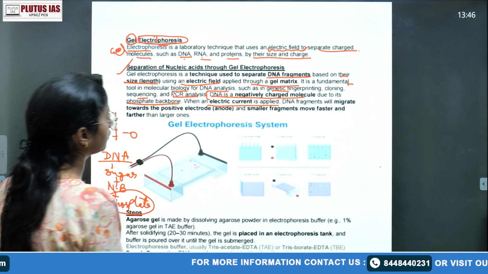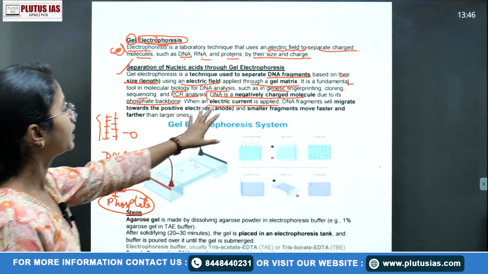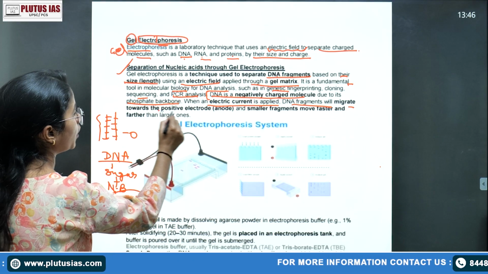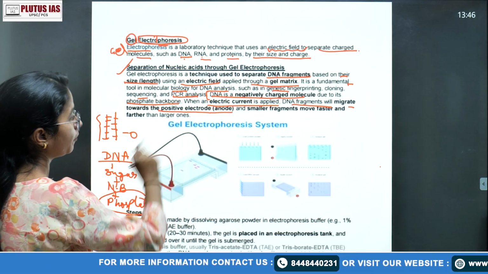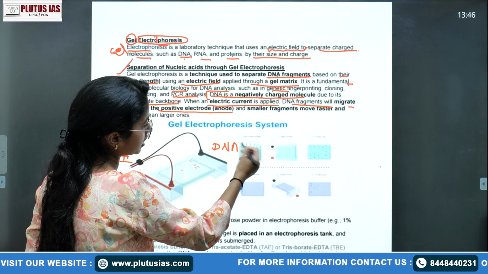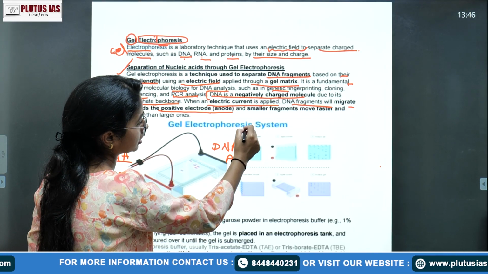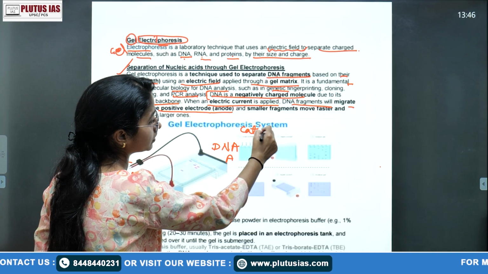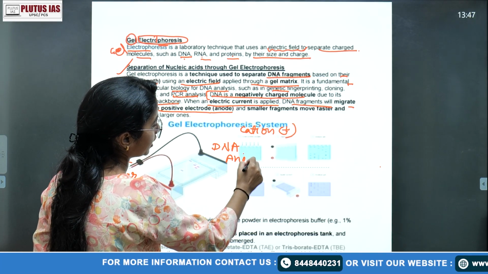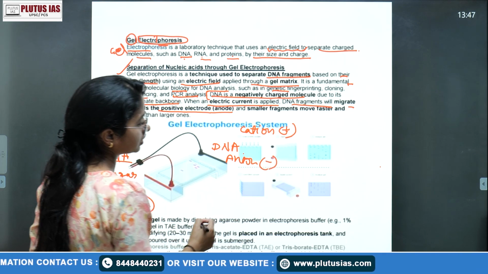Okay, so here again we'll talk about DNA fragments. When an electric field is applied, DNA fragments will migrate toward the positive electrode, because DNA is negatively charged, so it is an anion. I just said cation. Okay, there's a difference between the cathode and cation. Cation is positively charged, while anion is negatively charged.